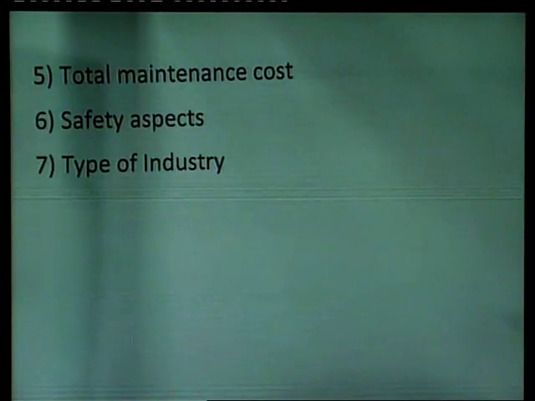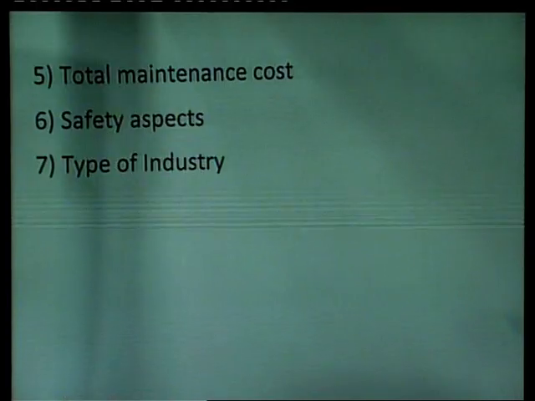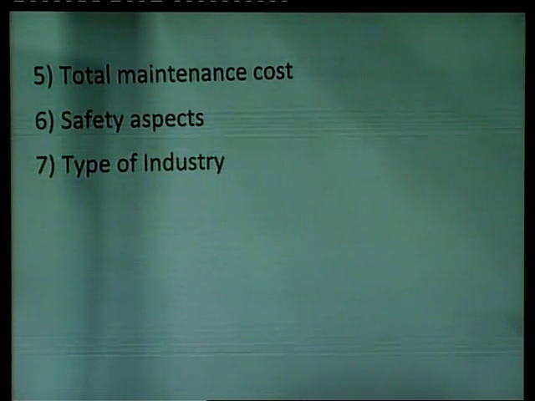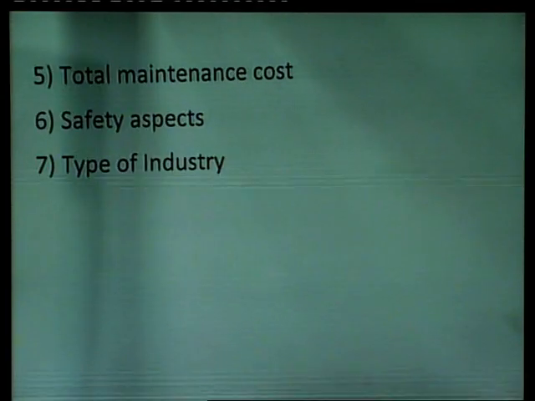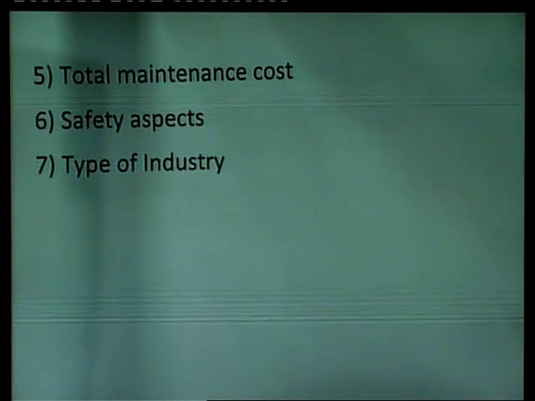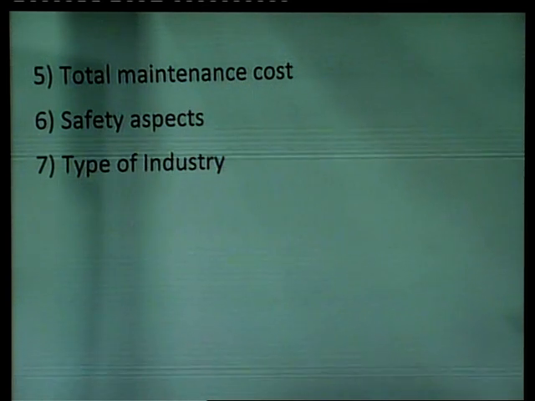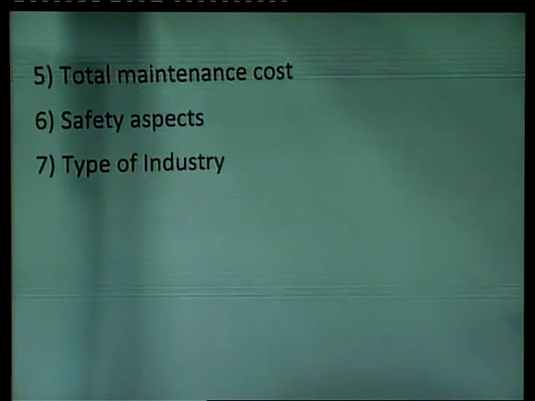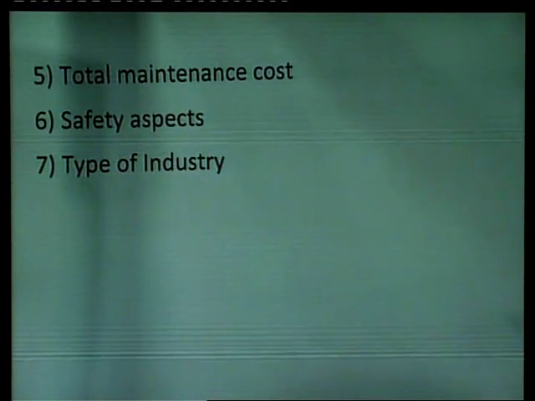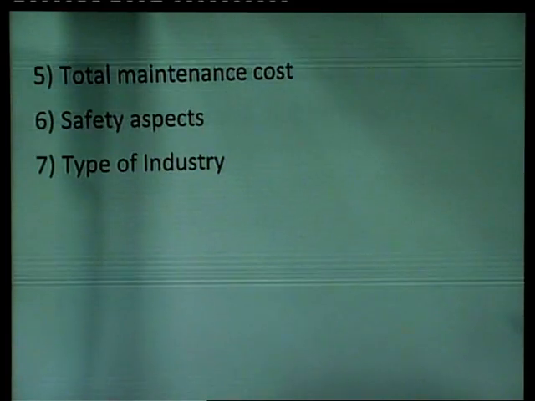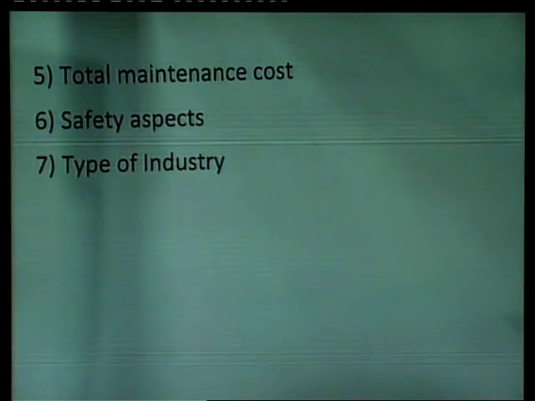So it provides an easy check for an expected failure and is always available to meet unexpected failures, which can be a tool for crisis to the management. The maintenance cost of periodic maintenance is lesser than the expenditure. So total maintenance cost is also an important aspect of maintenance.